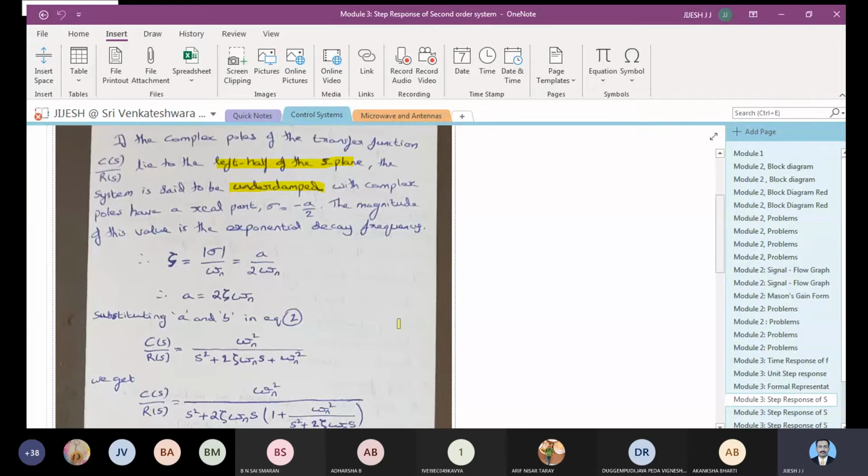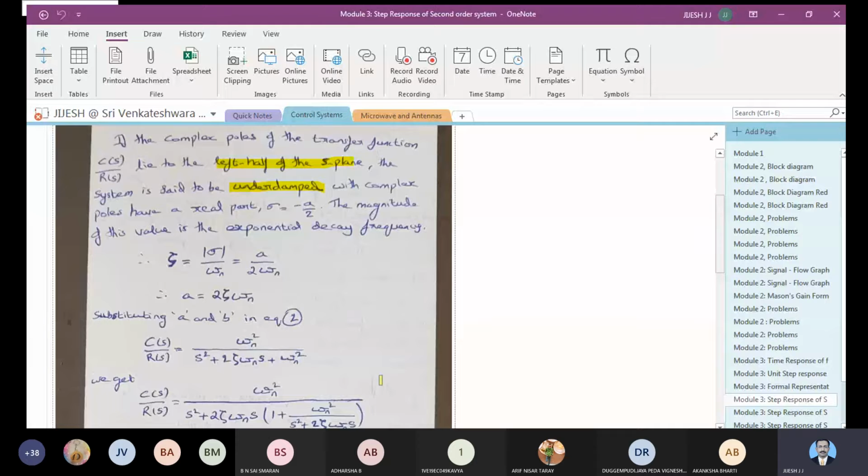We have written here, you can see, what is g of s? G of s is omega n square divided by s square plus 2 zeta omega n s, and g of s h of s is given here. So what is h of s here?